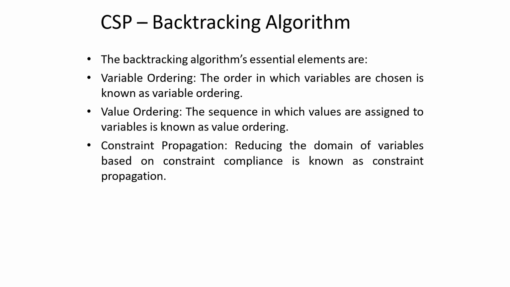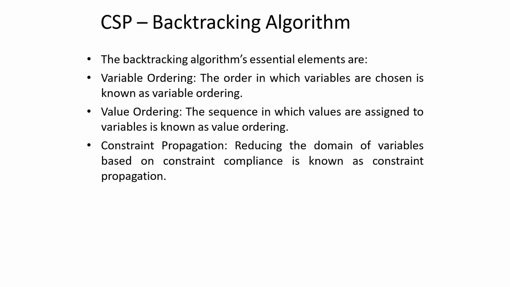Variable ordering means choosing the variables in an order, like each and every variable in some order, numbering-wise and order-wise. Value ordering is about the values of the variables, whatever ABC, numbers or letters are present, always matched with the variable ordering.